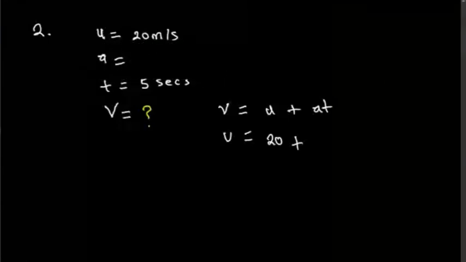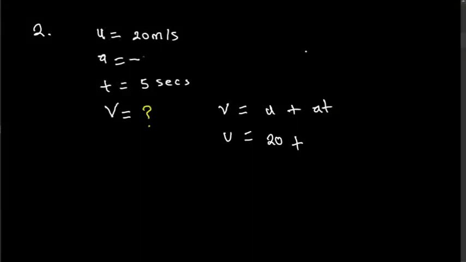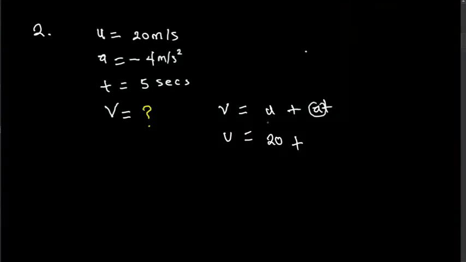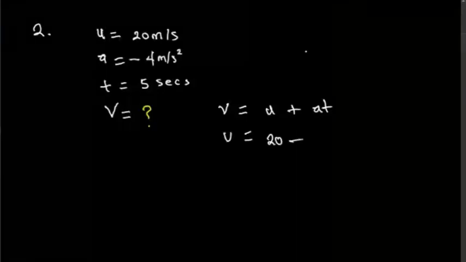Now, listen, deceleration is negative acceleration. Since they said deceleration, that means the body is coming to rest. So it is negative that value, 4 meters per second square. When we're substituting in our equation for acceleration, we don't just put the value there. We change the sign to negative.